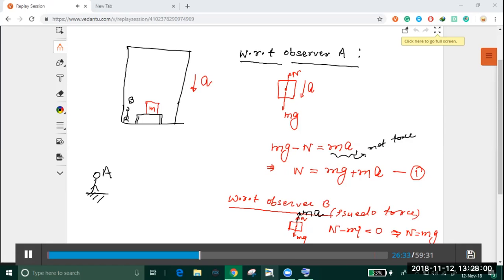Even if the pseudo force did not exist, we can solve the numerical with respect to A, that is from the inertial frame. So this is the inertial frame, while observer B is called the non-inertial frame.